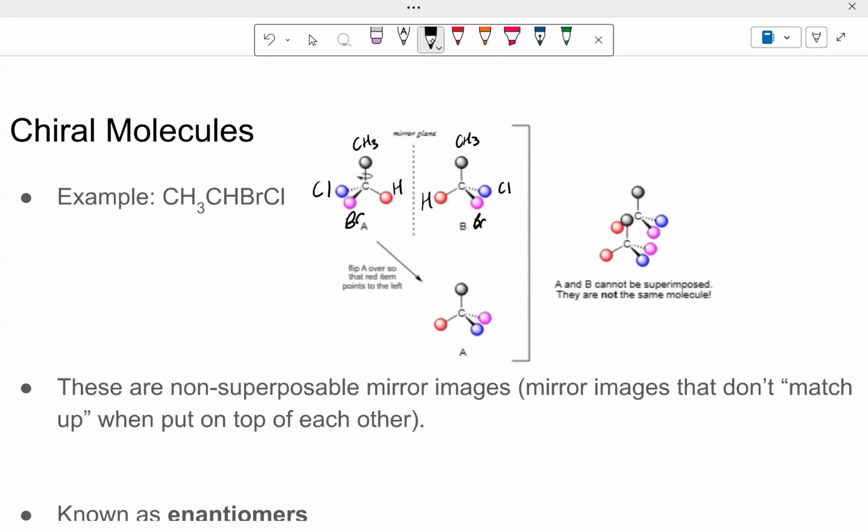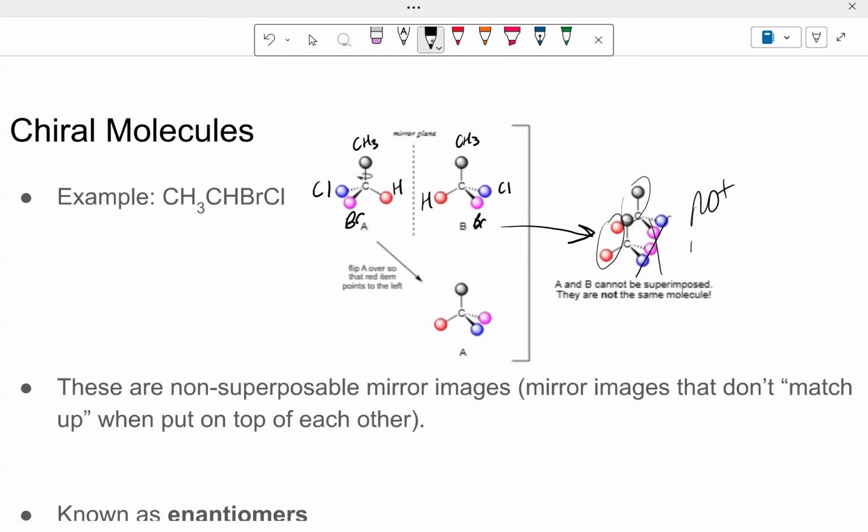When you do that, like as shown here, you see that, yeah, you can get two groups to line up, but the others do not line up completely. You need everything for them to be superimposed. If you did put them on top of each other and they superimposed completely, then they would be identical.